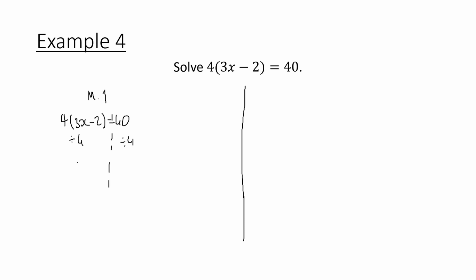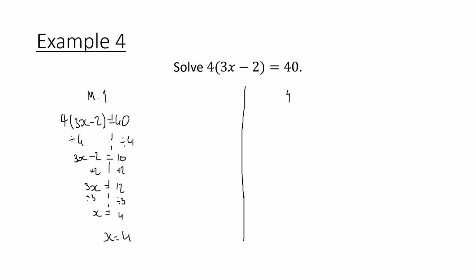So when you divide both sides by 4, you're left with your bracket, which is 3x minus 2 is equal to 10. And then next thing you're going to do is add that 2. Opposite of minus 2 is add 2. So you're left with 3x is equal to 10 plus 2, which is 12. And then last step, 3 times x, so it's divide by 3, opposite of times. So you're left with x is equal to 12 divided by 3, which is 4. So therefore x is equal to 4.